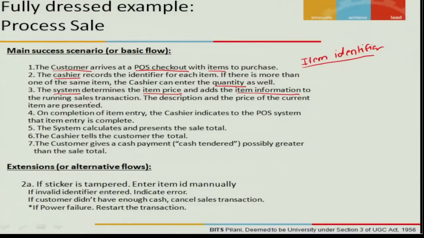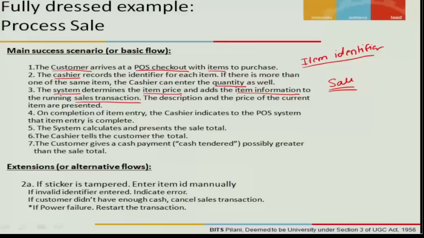Even if sale sounds like a verb, selling the item, sale transaction is nothing but a noun. Sale is the noun representing a sale transaction. It is not the act of selling the item, so don't call it a verb. In this way you need to find all the nouns in your use case.